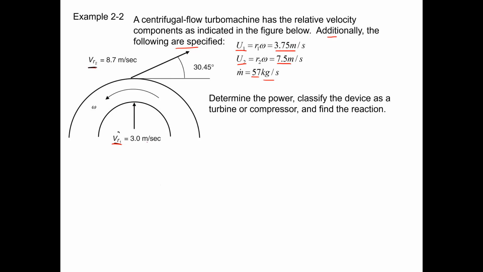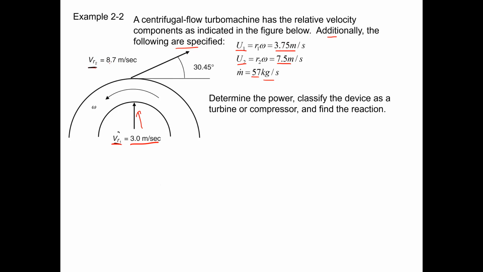The problem statement also gives us that the relative velocity of the entering fluid, that's the relative velocity between the absolute velocity of the entering fluid and the tangential velocity of the rotor, is 3 meters per second in the vertical direction.